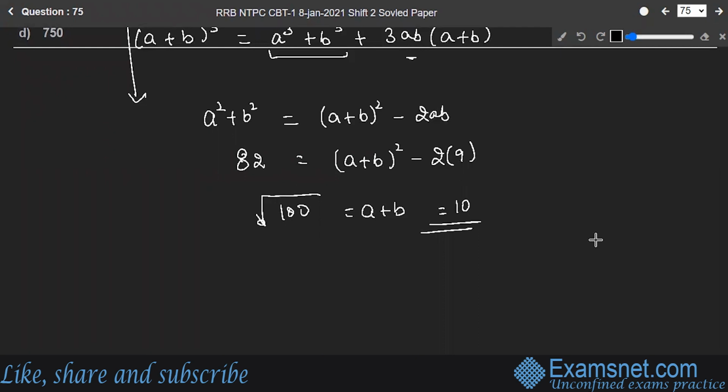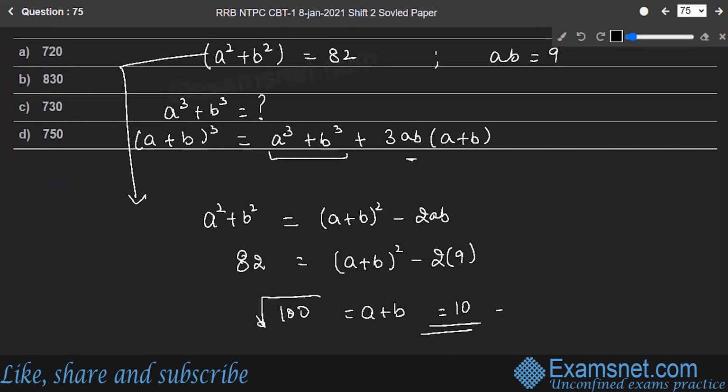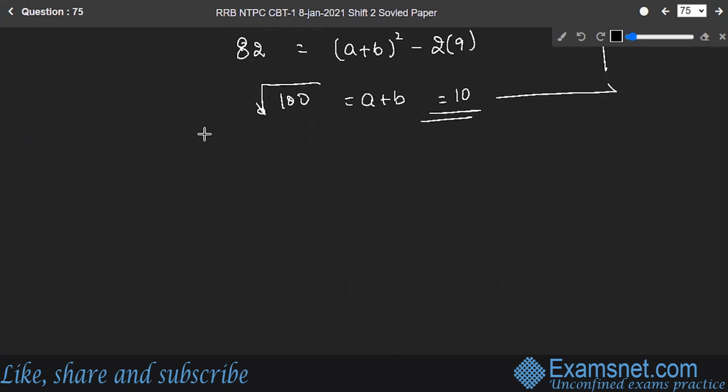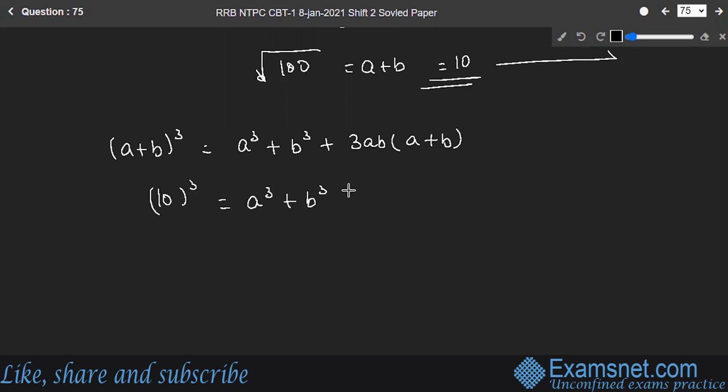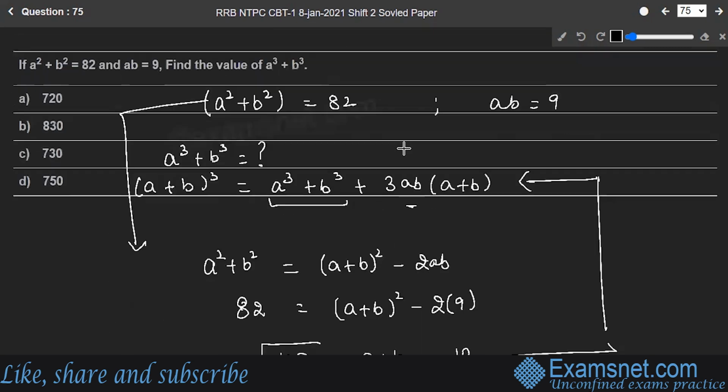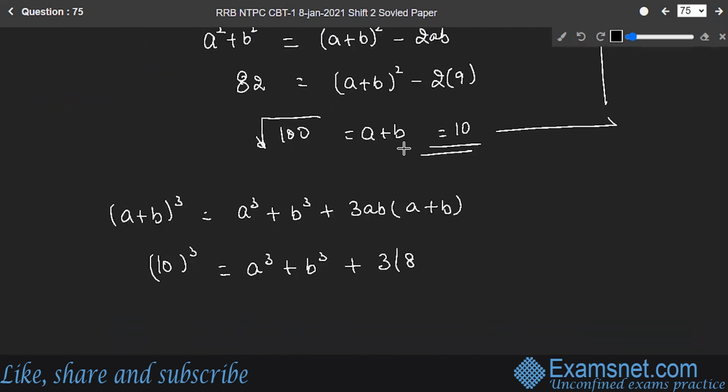Now I will fill this a plus b in this formula. Let's go. So you had a plus b cube is equal to a cube plus b cube plus 3ab into a plus b, right? A plus b we just calculated, it's 10. So 10 cube is equal to a cube plus b cube plus 3 into ab, which was equal to 9.